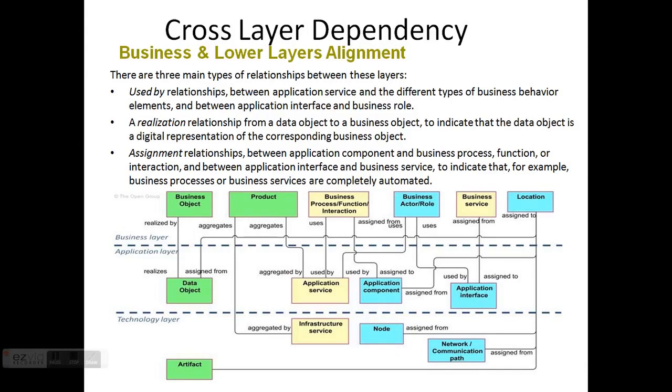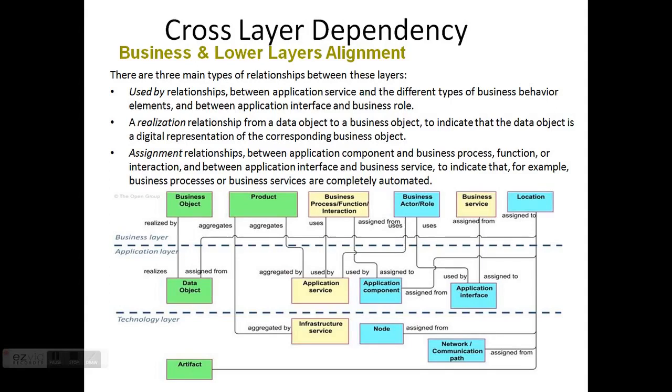Business layer and lower layer alignment is an important thing. To do that, we use a relationship called the used by relationship between application service and the different types of business behavior elements, and between application interface and the business role. These relationships represent the behavioral and structural aspects of the support of the business by application.